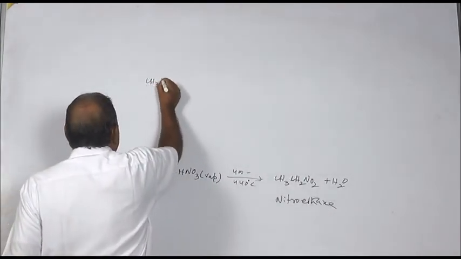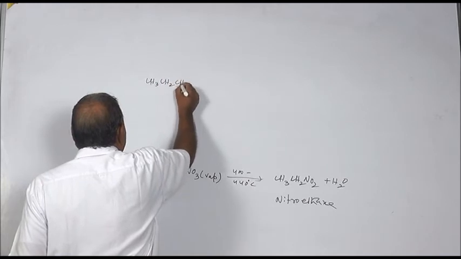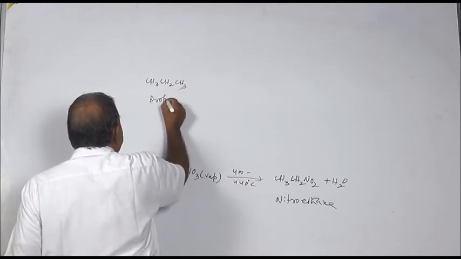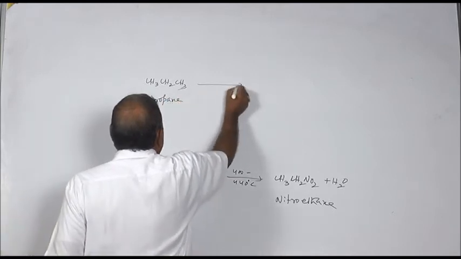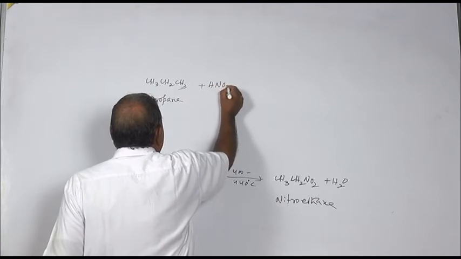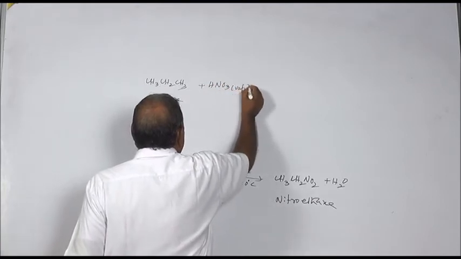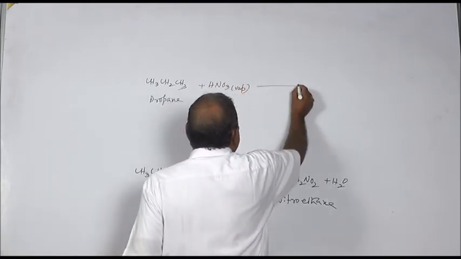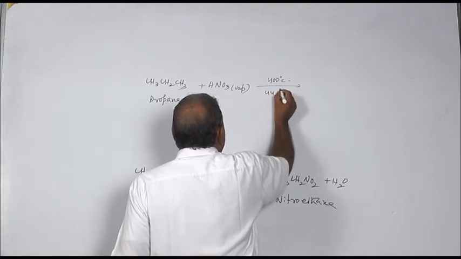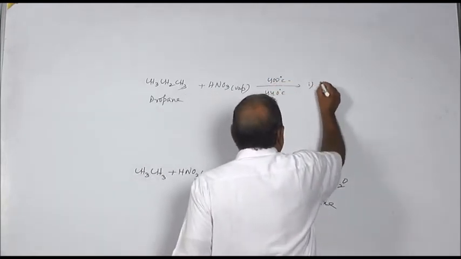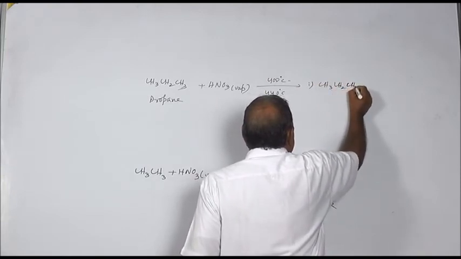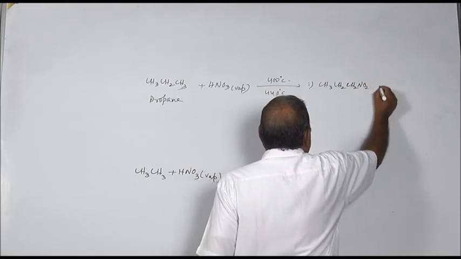But if you are taking propane, you are getting four different products. Say this is your propane. When it is treated with nitric acid vapor between the same 400 to 440 degrees centigrade, you can get a variety of products here.